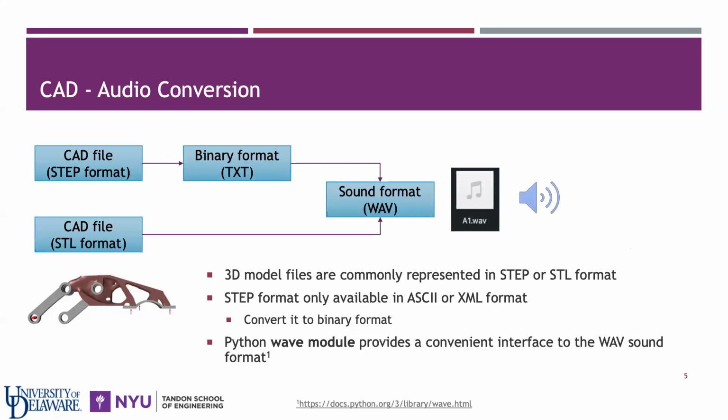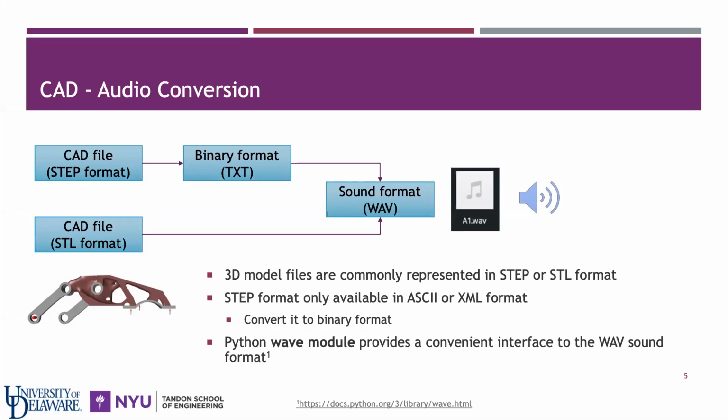The first step of this approach is to convert the CAD file into a sound format. There are two CAD formats commonly used to represent CAD files in the industry: STEP format and STL format. These two formats are slightly different in coding. STL format supports binary representation, which can be used to generate the sound file directly.